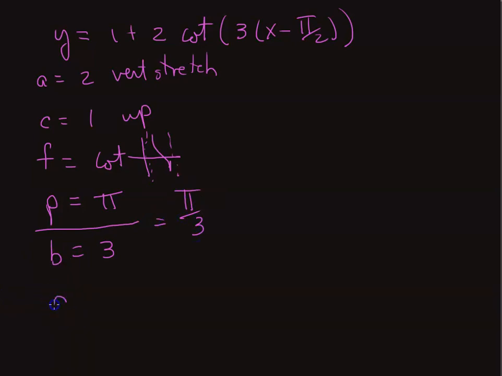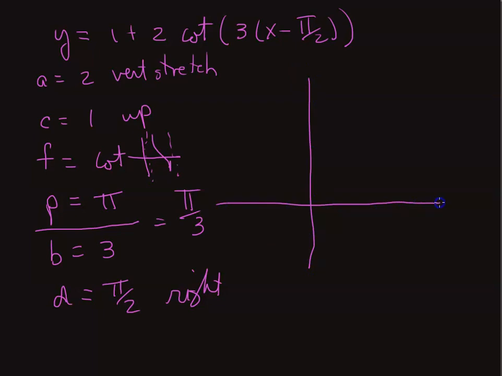And D is pi over 2, this time to the right. So it's up and to the right, I guess, again. What I'll ask you to do for all these is just one period.